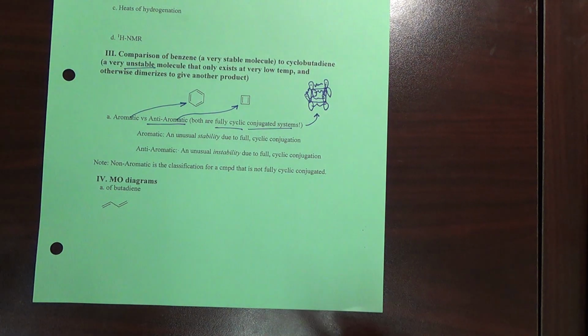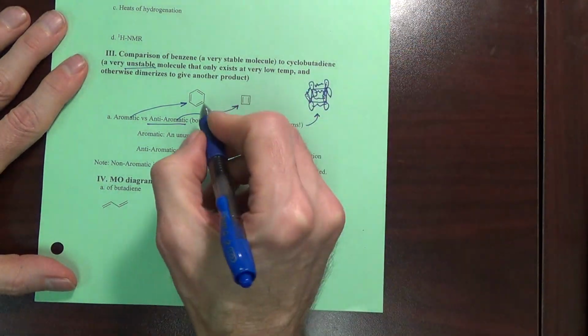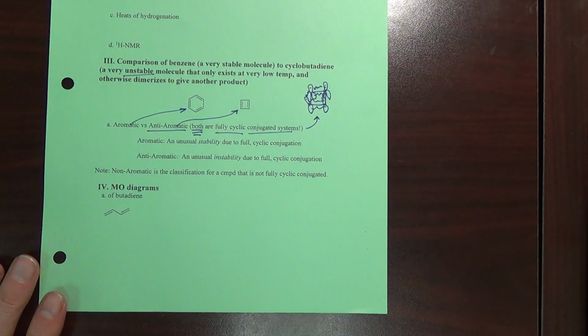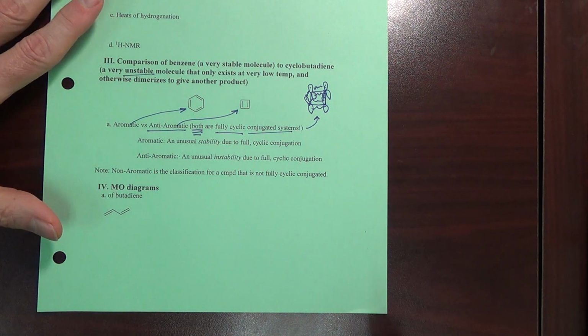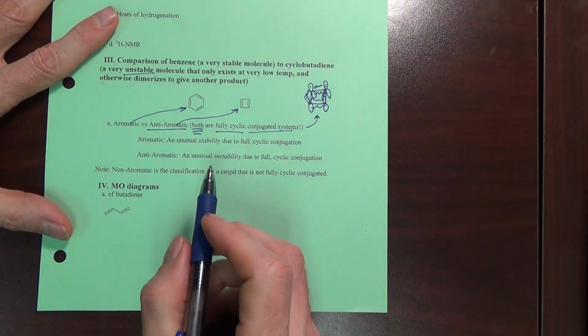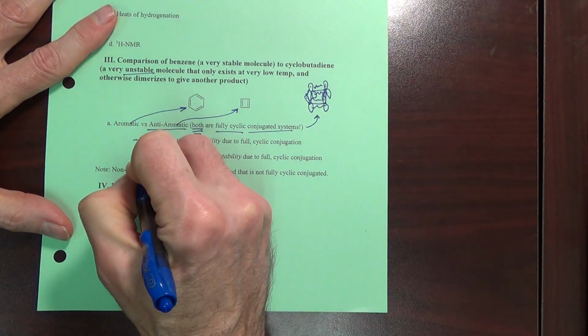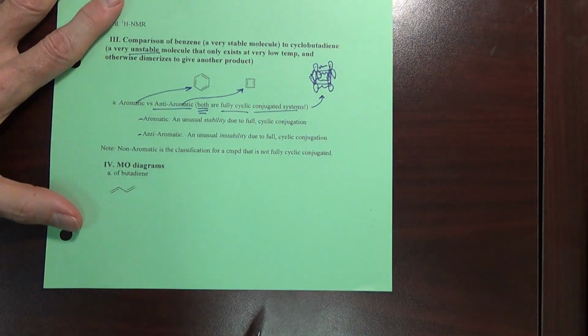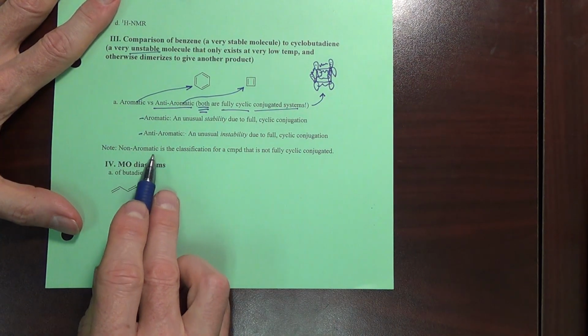All right? Okay? Both are fully cyclic conjugated systems. So we sort of have two definitions here. Now there's a third, non-aromatic.